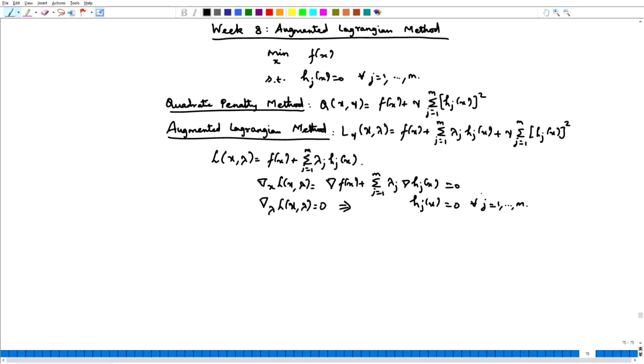You need x and lambda that actually satisfy all of these conditions. That is how we find the critical point. In other words, we are not minimizing f of x. In an unconstrained optimization problem we minimize f of x, but here you can consider that we are minimizing the Lagrangian function L of x comma lambda instead of minimizing f of x.